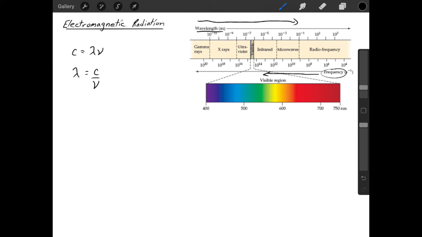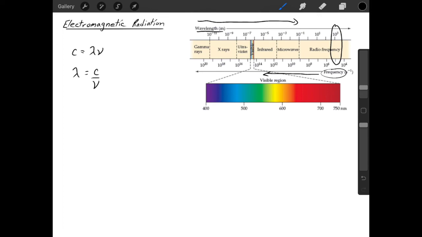So if you look at something like radio frequencies, you can see that when you have a fairly large wavelength, so radio frequencies can be up to 1,000 meters, a whole kilometer, you'll see a fairly low frequency. Right, so 10 to the 3 meters for the wavelength and 10 to the 5 hertz, 10 to the 5 seconds to the -1 for the frequency.